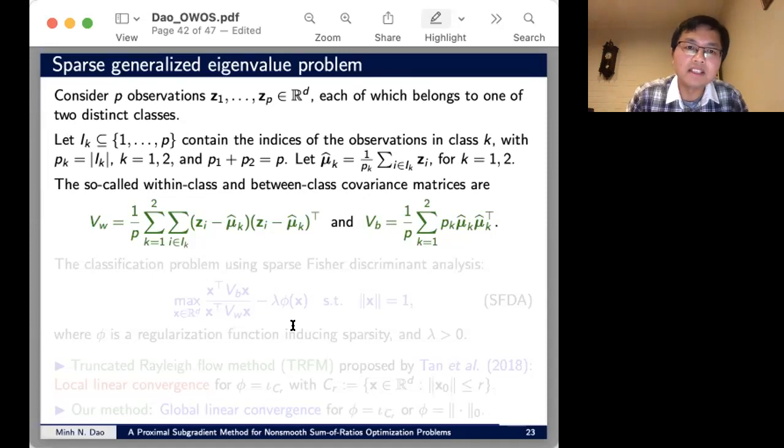In this problem, we consider P observations z1, z2, up to zP belonging to R^d, each of which belongs to one of two distinct classes. So we are considering the binary classification problem.